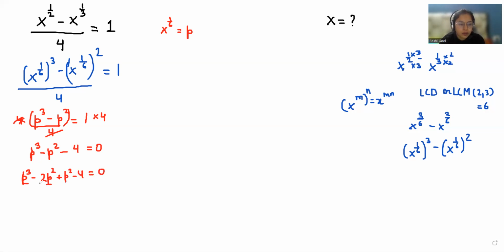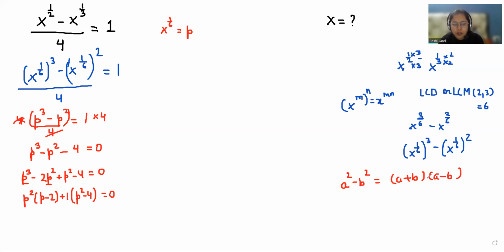Now from first two terms, I can take p square as common. So p minus 2 as common, plus p square minus 4. Here we can use the famous identity, that is a square minus b square is a plus b, a minus b. So p square minus 4, we can write it as 2 square. So it becomes p plus 2 and p minus 2.